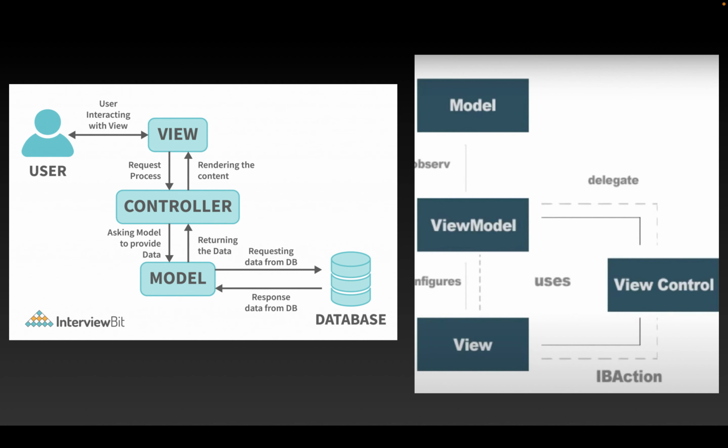Instead of one controller, we'll have a view model and a view controller. The IB actions and all will be connected with the view controller, and other functionalities will be separated into the view model. If the project is big, we don't want to get confused in the view controller alone, so we can split into the view controller and the view model. That is the use case of the MVVM architectural pattern.